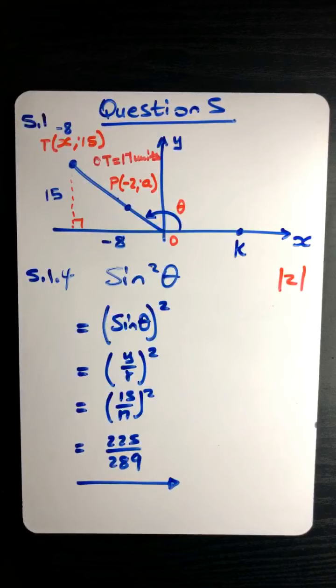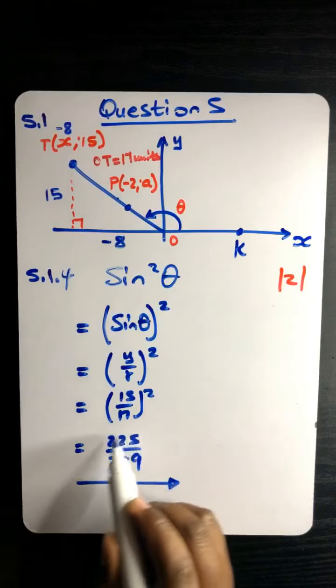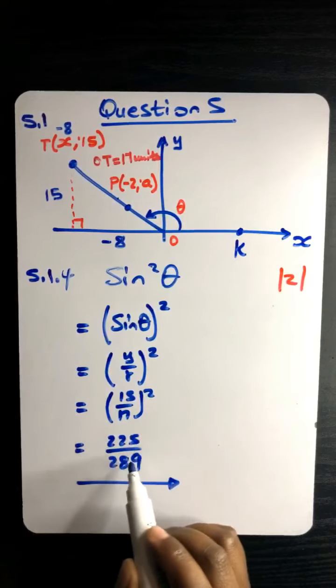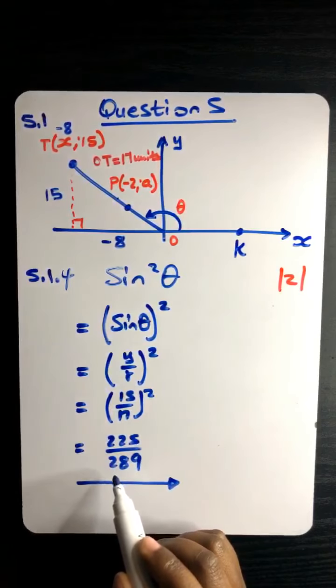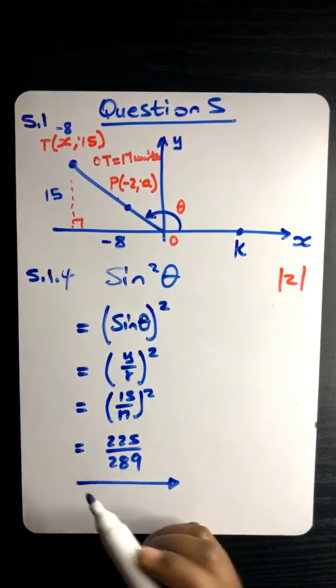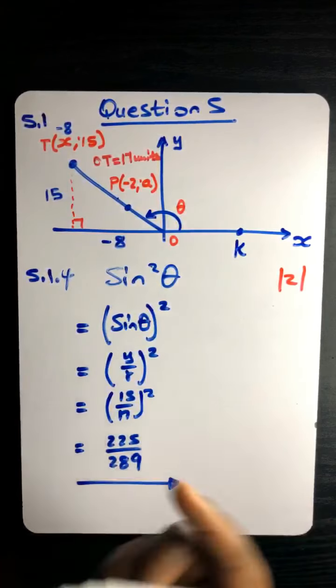Or does it even make sense? Say 225 over 289. Shouldn't we do it in decimals? Oh, no. It's fine as a fraction. If you remember, they said with the aid of a diagram.